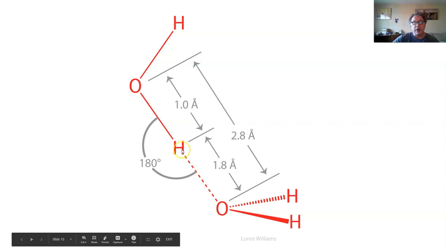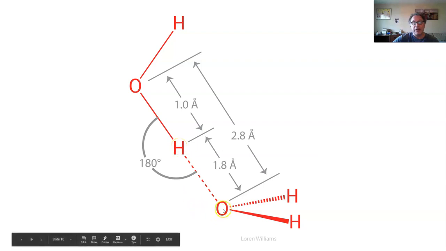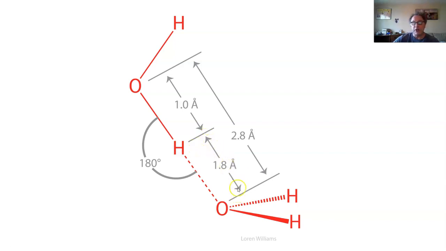That's one requirement. Another requirement is the length, the distance between the hydrogen that's being donated and the oxygen that's accepting the hydrogen has to be a certain distance. And here you have 1.8 angstroms. And an angstrom, by the way, one angstrom equals 100 picometers. So this is about 180 picometers.